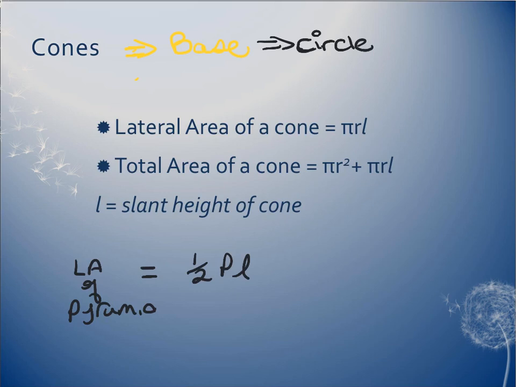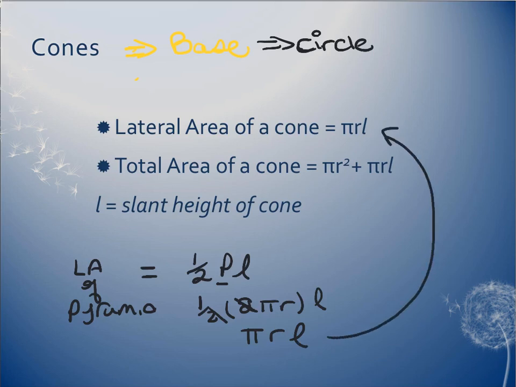So if we're thinking about a circle here, now if we show this in relation to the cone, 1/2 the perimeter of the cone, which is really a circle, is 2 pi r, and then times that slant height. Half of 2 is 1, and that's how we could turn it into the pi r L, which is what's listed here for the lateral area of a cone.